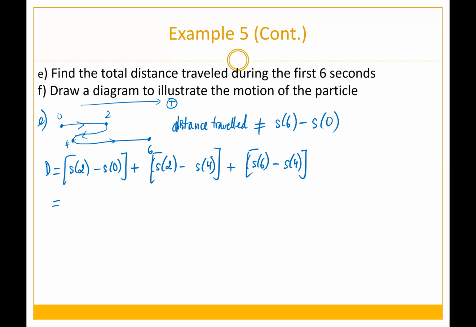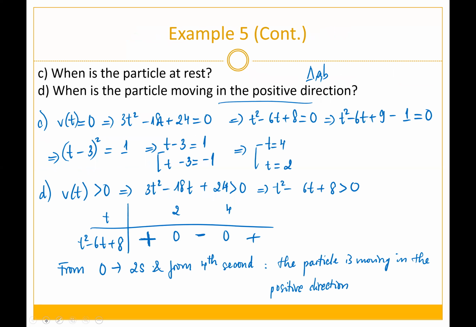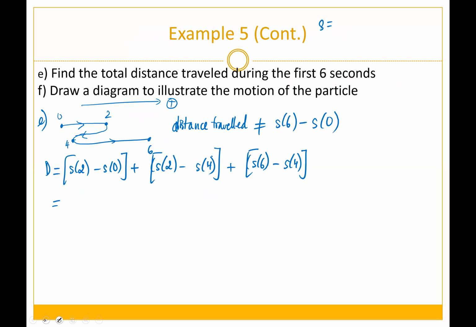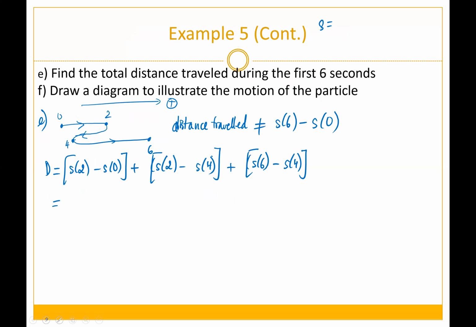Now the s function is t cubed minus 9t squared plus 24t. If we just plug in 0, 2, 4, and 6, I'm not going to do the algebra here.